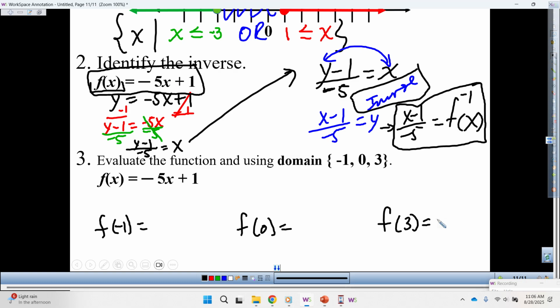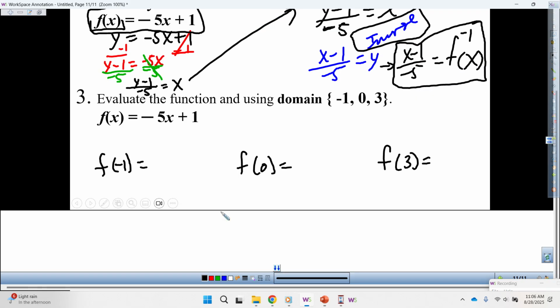Natalia Espino, f of -1, what'd you get? So f of -1 is, since we're multiplying -5 times -1 is 5, plus 1 is 6. Hands if you got 6.